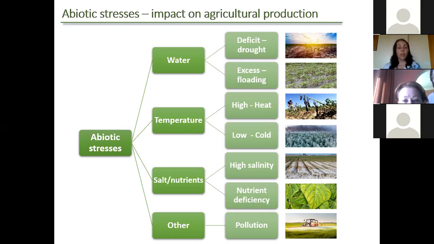It's important to say that these abiotic stresses in most cases occur simultaneously. So when we have drought scenarios, probably we also have salt stress. So it's a challenge for the crops to survive and have good growth in these conditions.